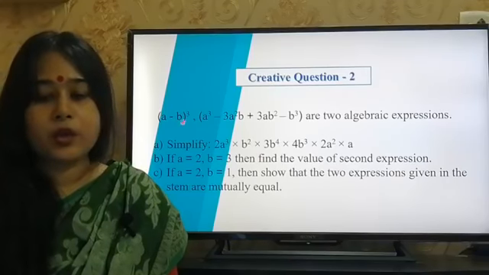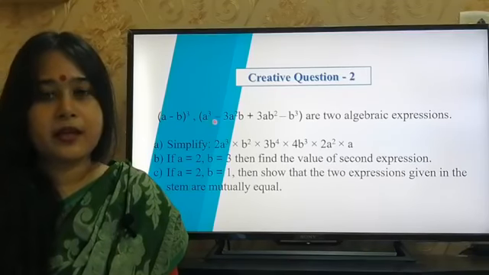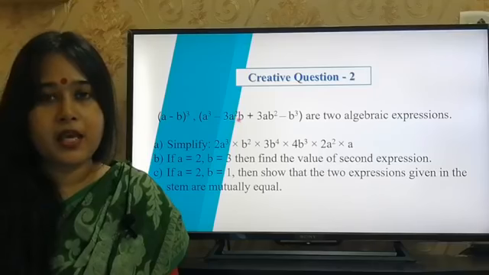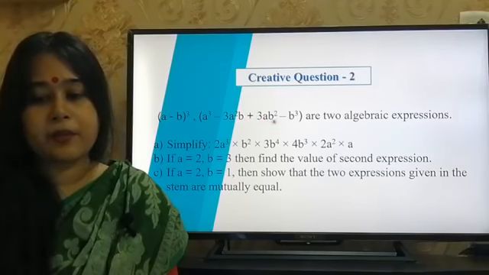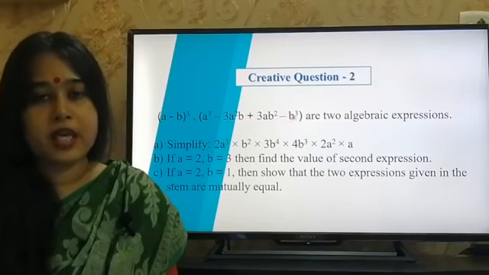(A minus B) whole cube, and A cube minus 3A square B plus 3AB square minus B cube are two algebraic expressions.